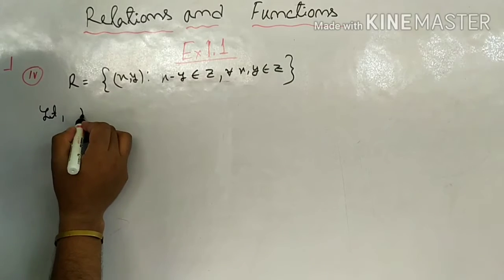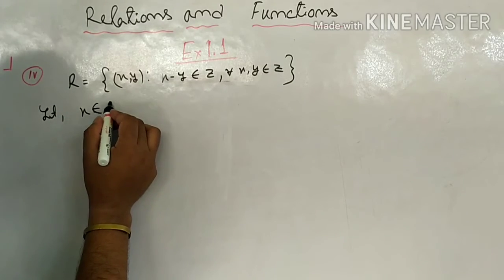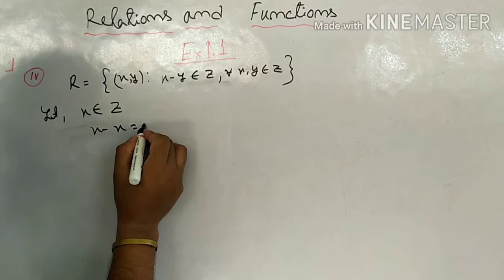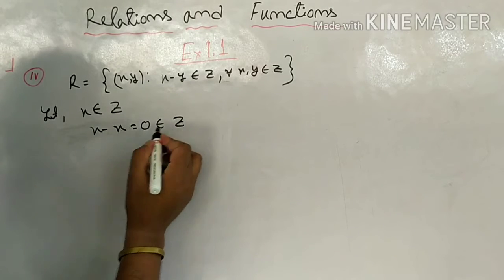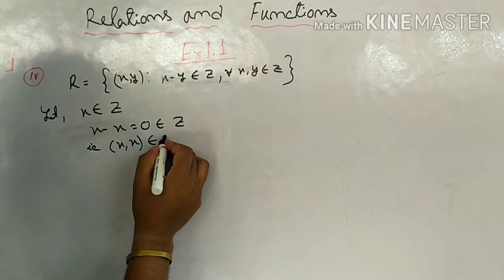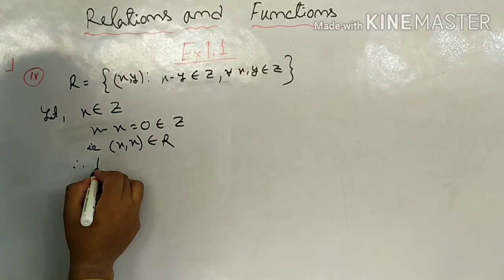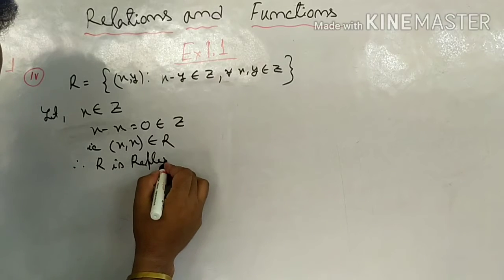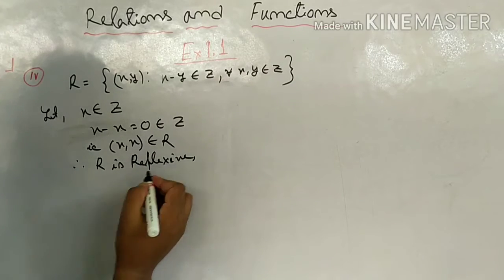Therefore let x belong to Z. Then x - x = 0, which belongs to Z. Therefore (x, x) belongs to R. Therefore R is reflexive.